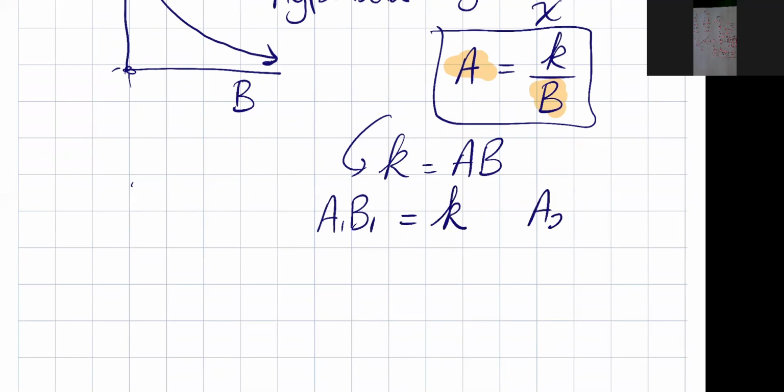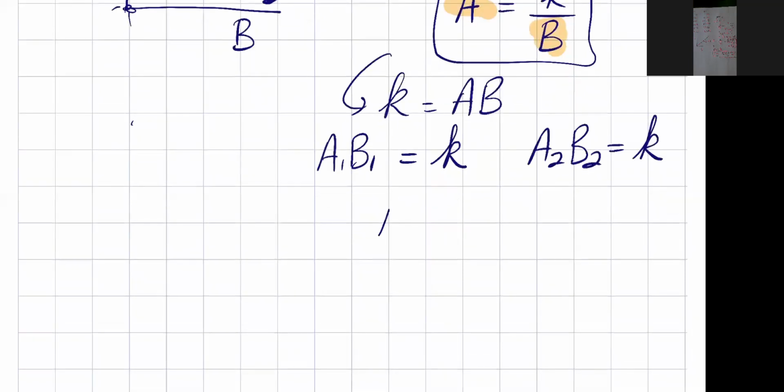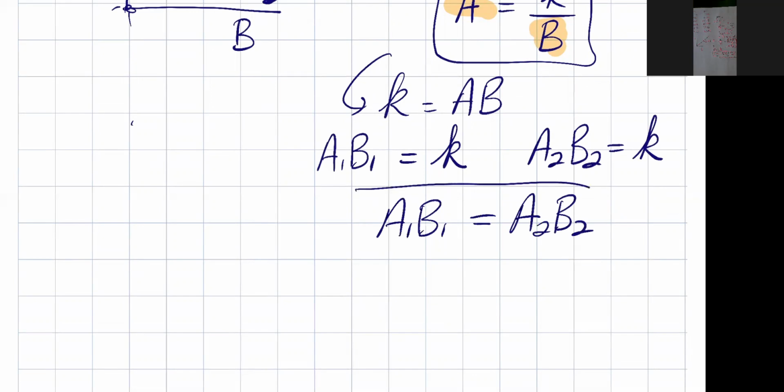If you had another pair of values, another data point, a2 and b2, multiply them, you also get k. But therefore, logically, a1 times b1 would have to always give you a2 times b2, since they're both equal to k. So there is another algebraic version of the inverse relationship.